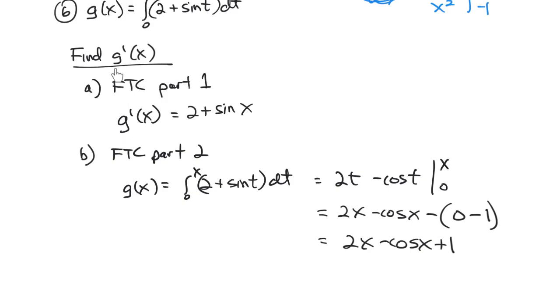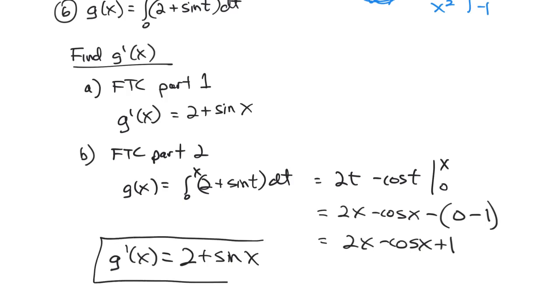Now they want us to find g prime of x, so from here we just take the derivative. Take the derivative of this, you get 2. Then the derivative of negative cosine is positive sine, so you get positive sine of x, and the derivative of 1 is 0.